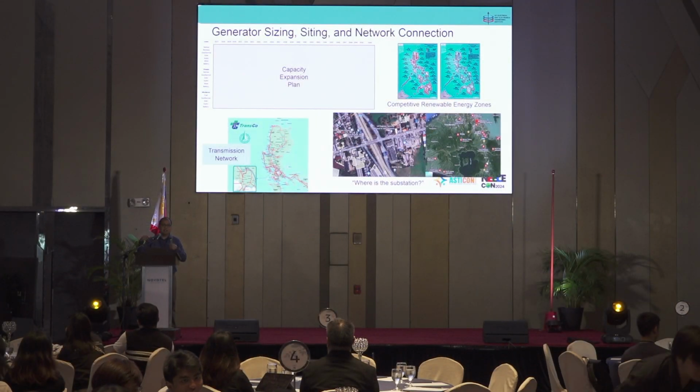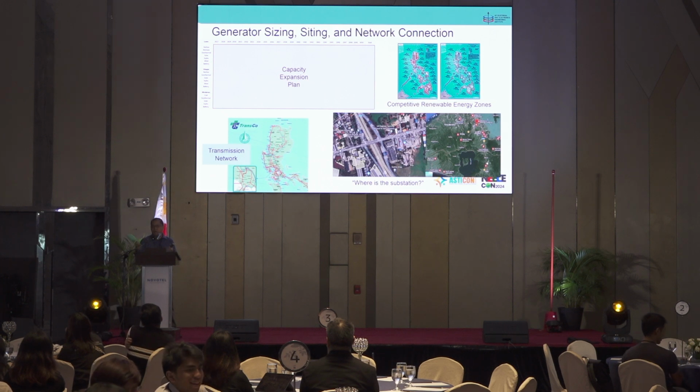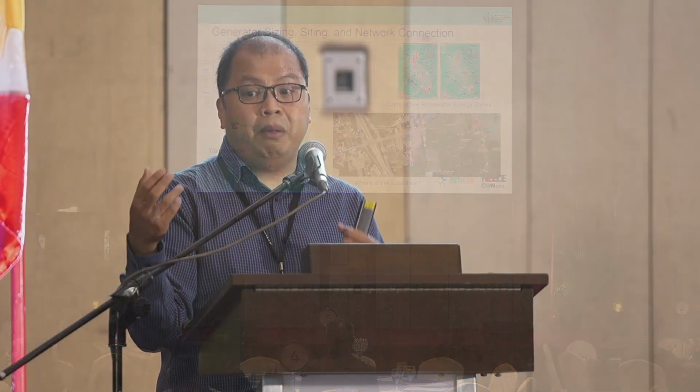Okay, so it involves a lot of things. The first one, the Philippine map at the upper right, is the renewable energy zones. It tells us where wind and solar should be put up. Okay, the picture at the lower left is the current transmission network. So it tells us, okay, which parts are problematic, where should we add more projects?